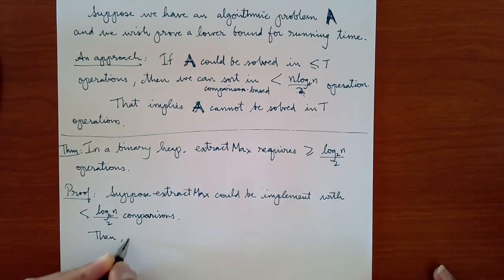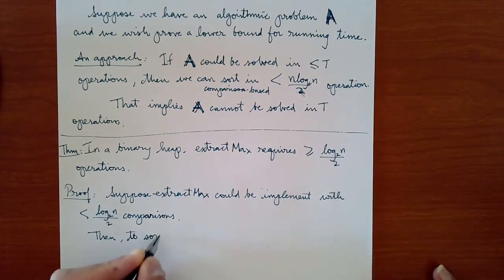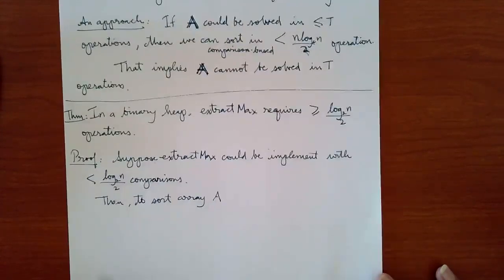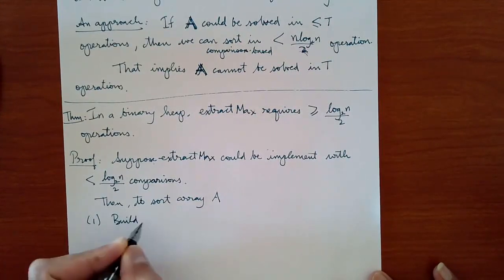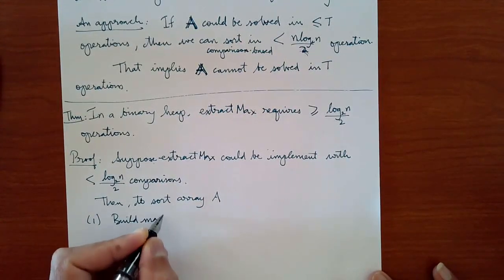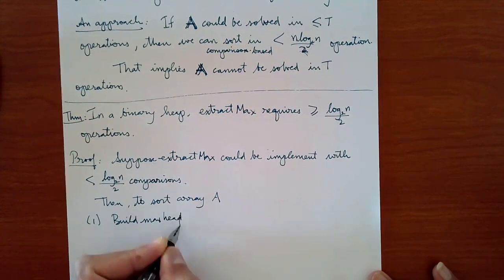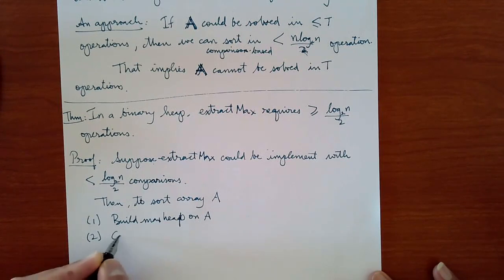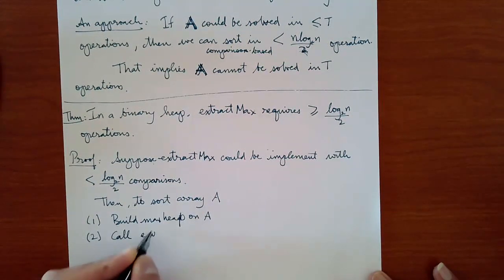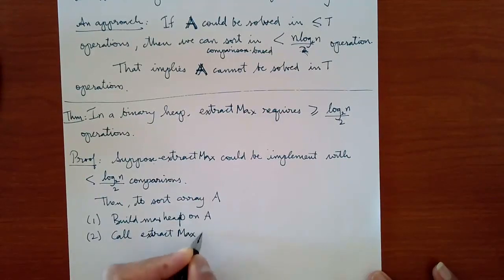Then, to sort an array A, we basically build a max heap on A, and then call extract max n times.